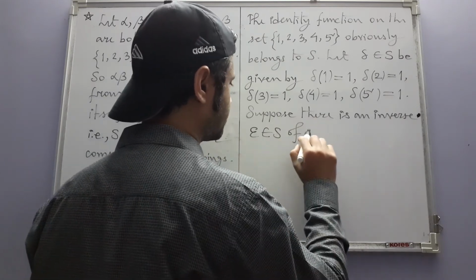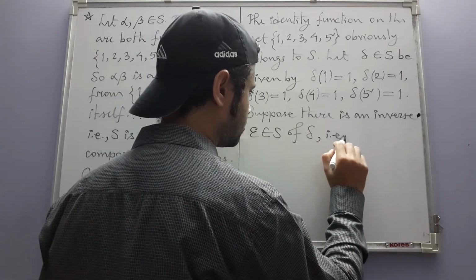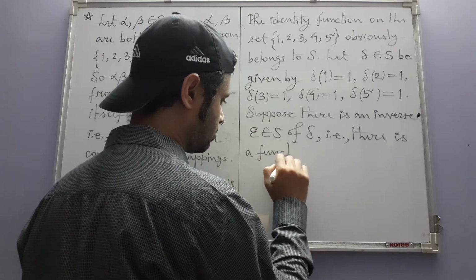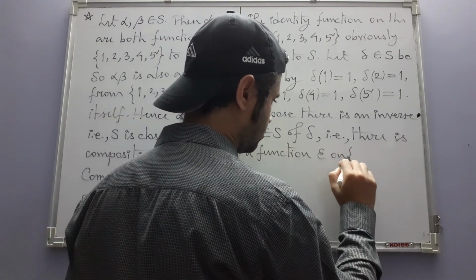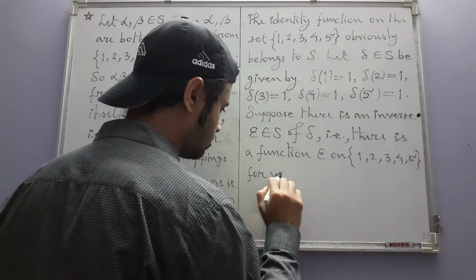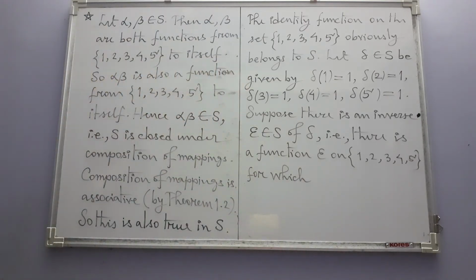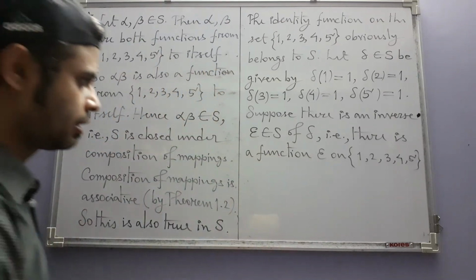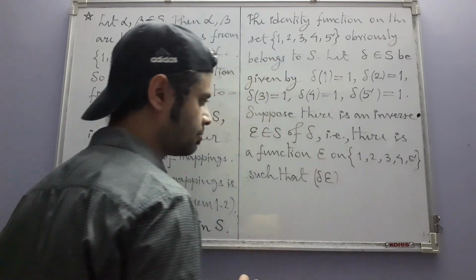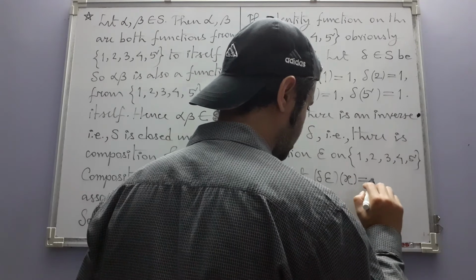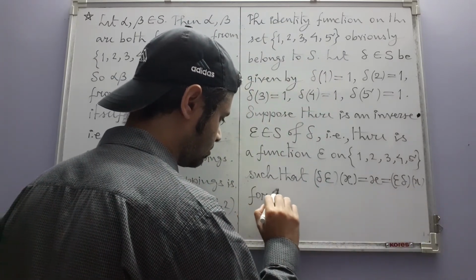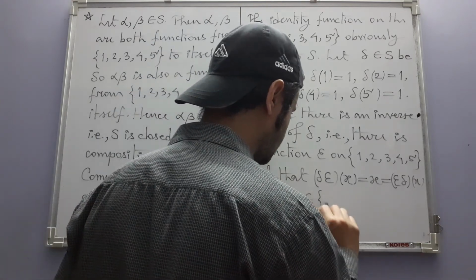In S, there is a function epsilon such that delta composition epsilon of x is equal to x, and that is also equal to epsilon composition delta of x, for all x belonging to this set. Okay.